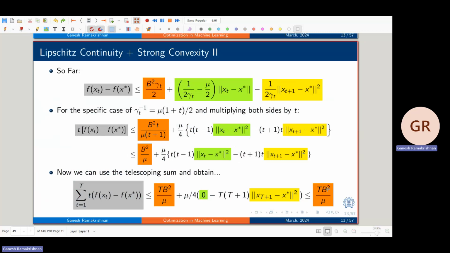He wanted it to be somewhere between 1 by epsilon and log of 1 by epsilon. So what could be the next step? Are we done, or should we apply some more inequality on the left hand side? Xt minus x star is, how is it with respect to x capital T?